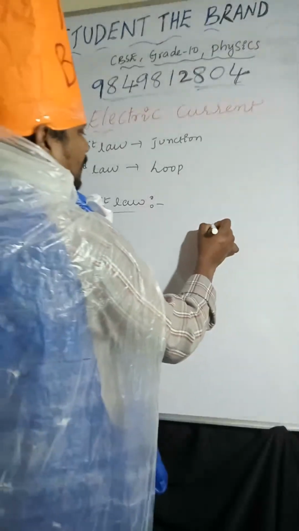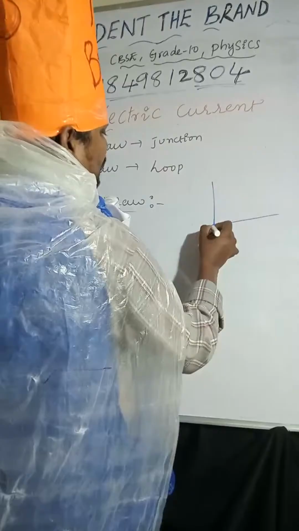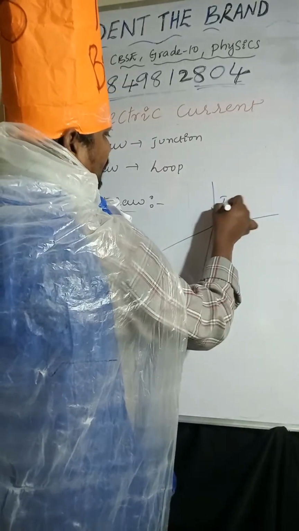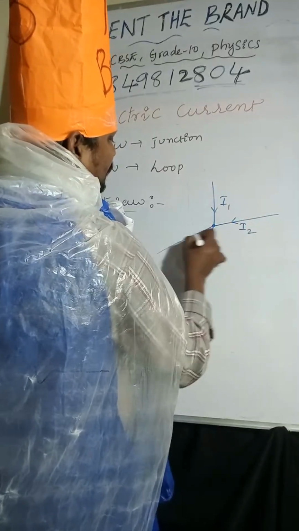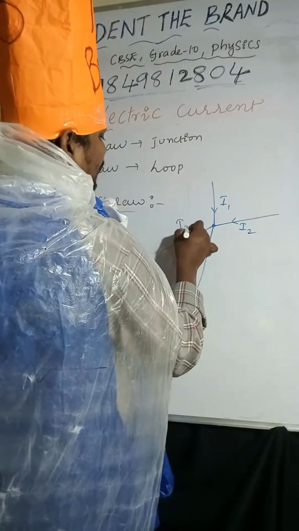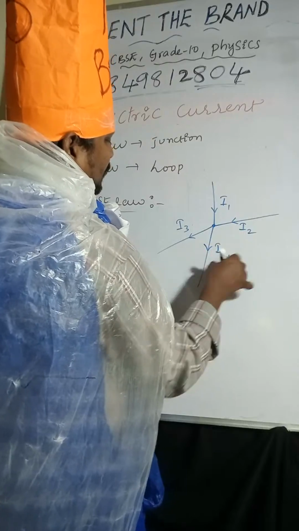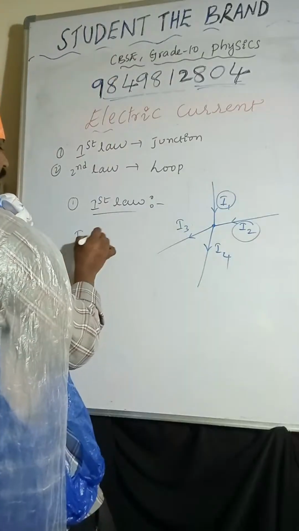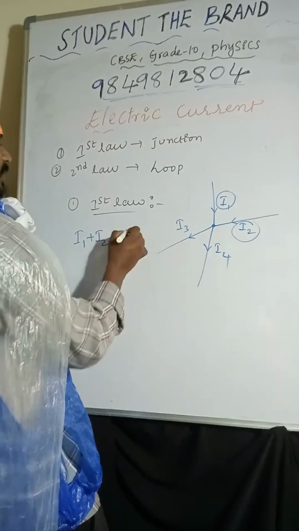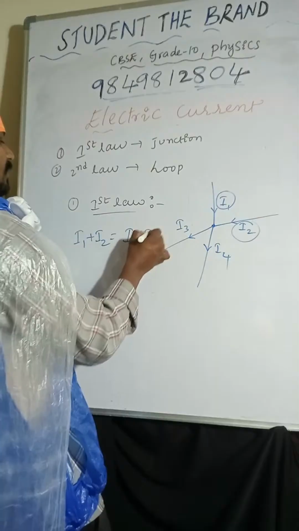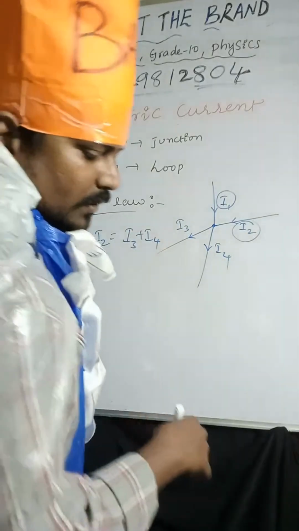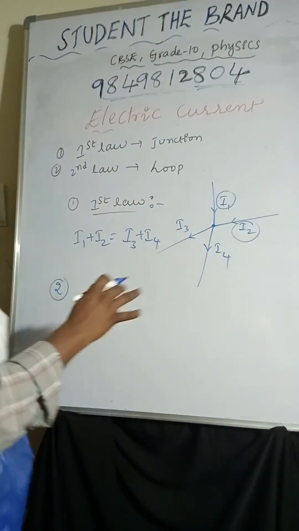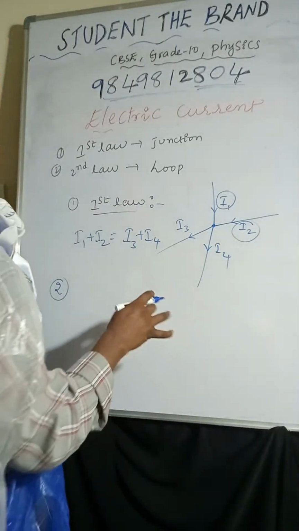So if you are taking here, this is I1 and this is I2 and this is I3 and I4. The currents entering are taken as I1 plus I2 and the remaining currents are taken with the opposite sign, and the sum will be 0.